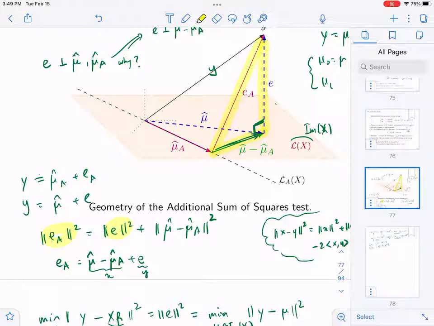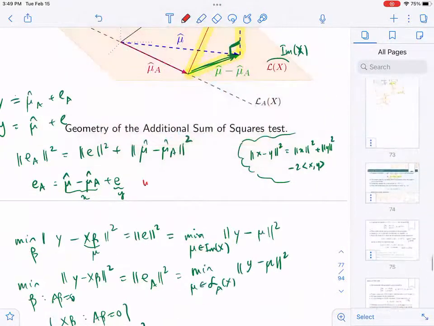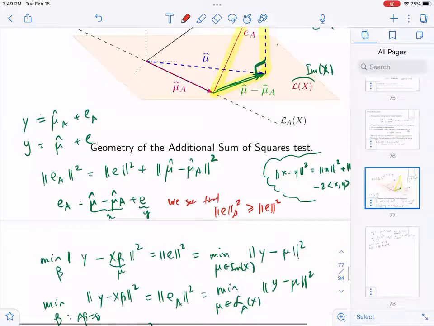So the residual sum of squares for the restricted model is always bigger than this. Why is that?